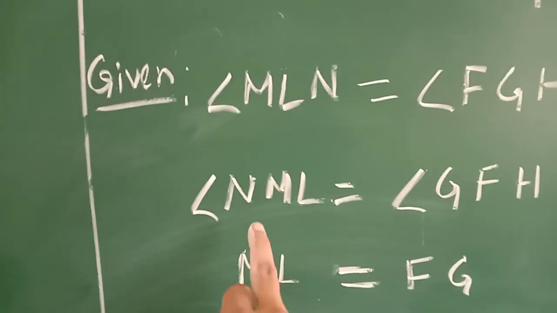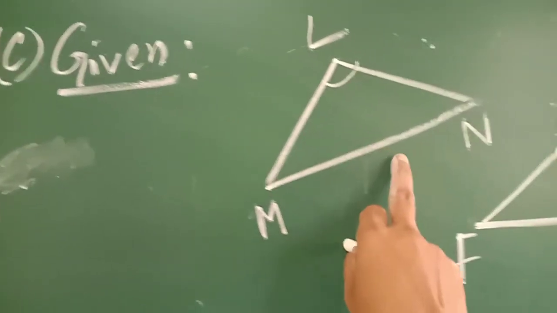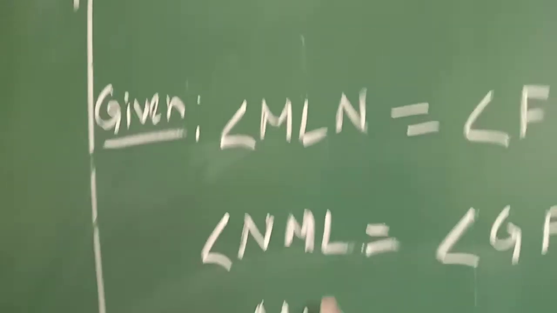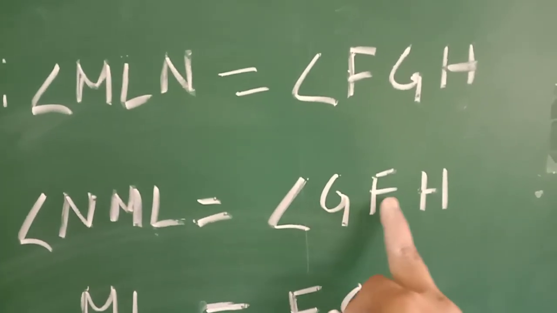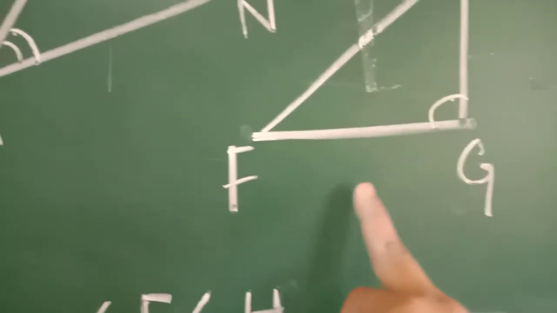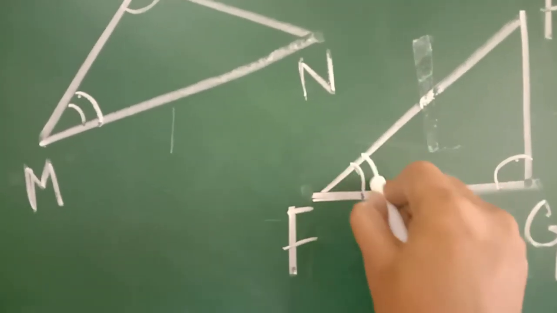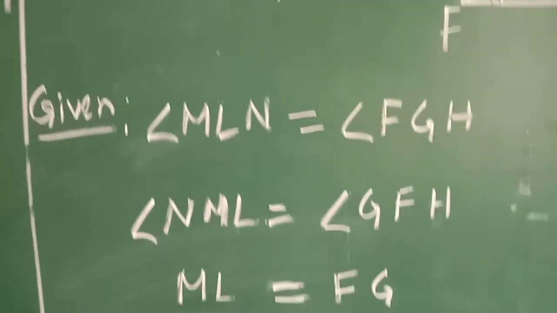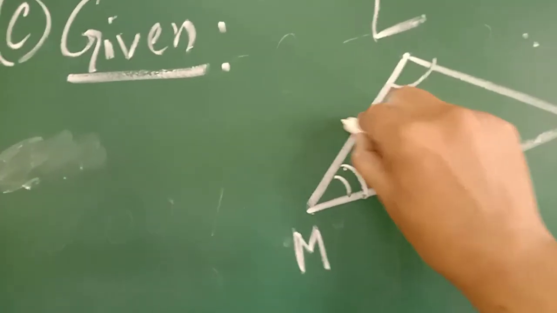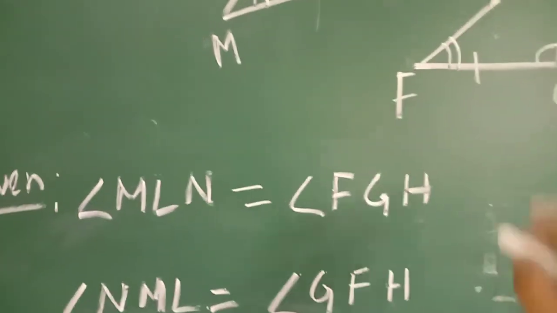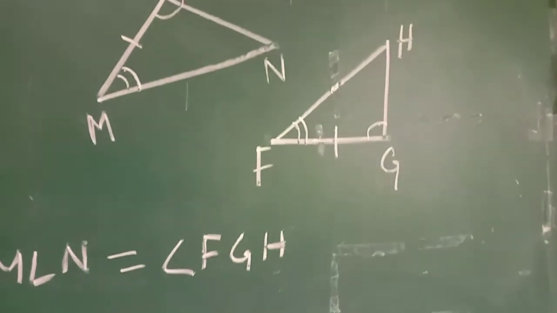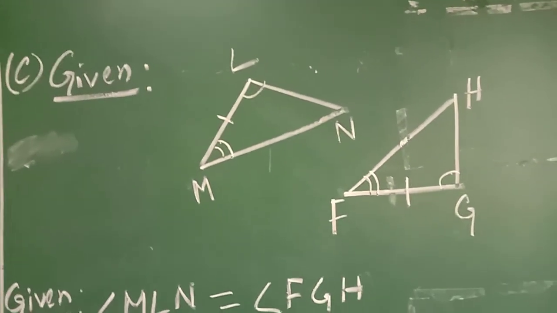Another angle also given, NML is equal to GFH, and side ML is equal to FG. Understood?